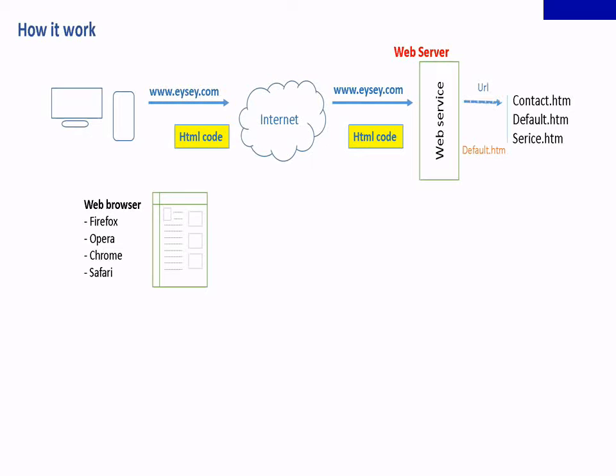Then after the client receives the response in HTML format, the web browser translates all of that code to display the information to the user in a form humans can read.